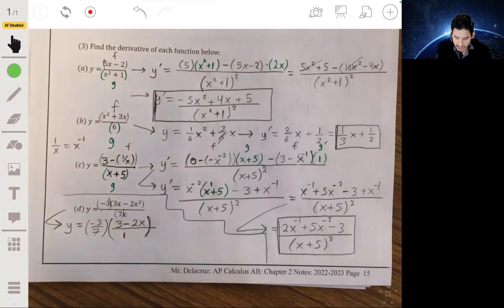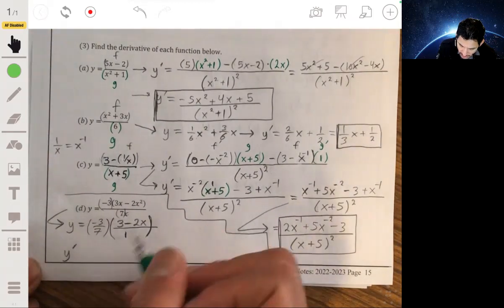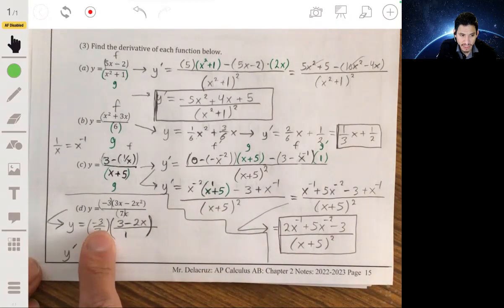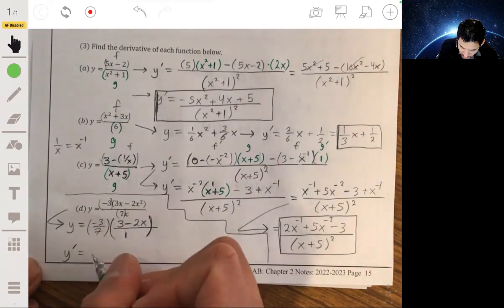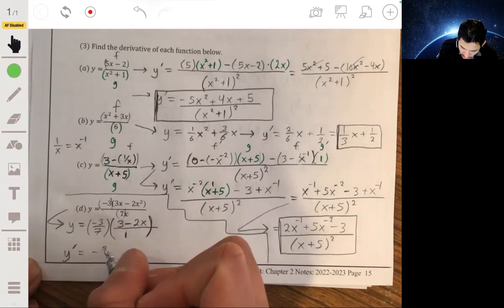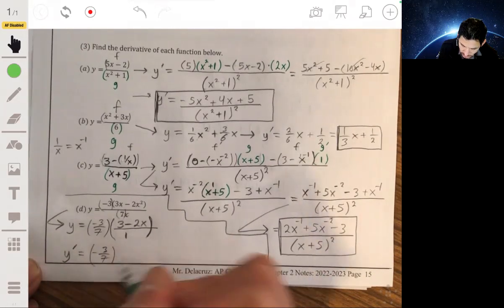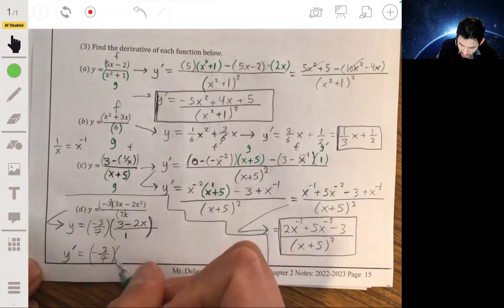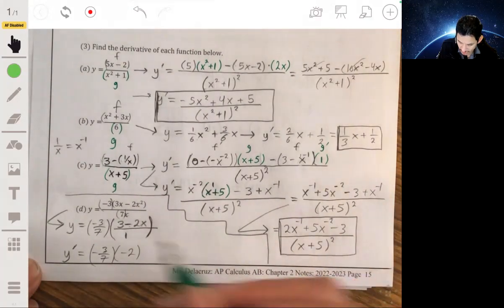So then all you really got to take the derivative of is 3 minus 2x. And then once you take that derivative, you just multiply by negative 3/7. So we got negative 3/7 times the derivative of 3 minus 2x, which is just negative 2. That's simple.